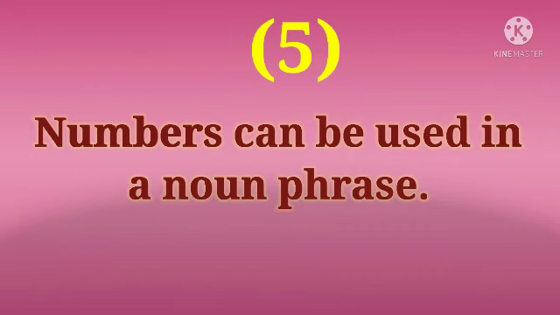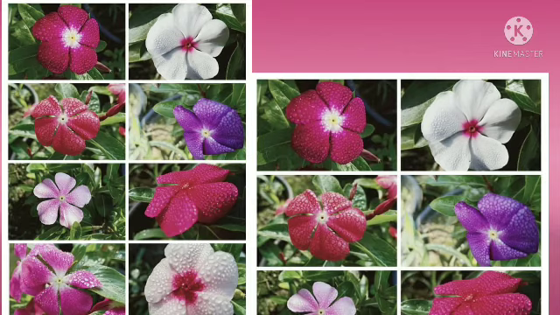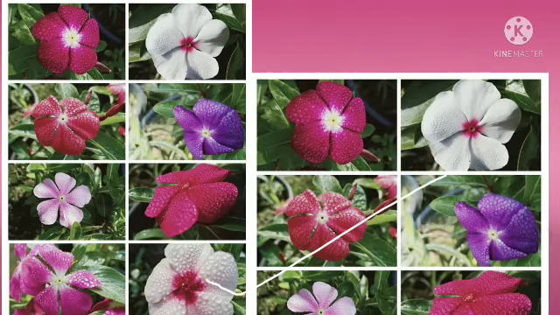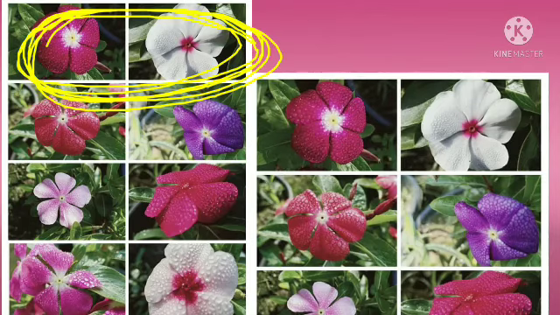Now, look at the pictures. You see first row two flowers, second row four flowers, third row, fourth row, four flowers each. We want to talk about the first row. What would you say?